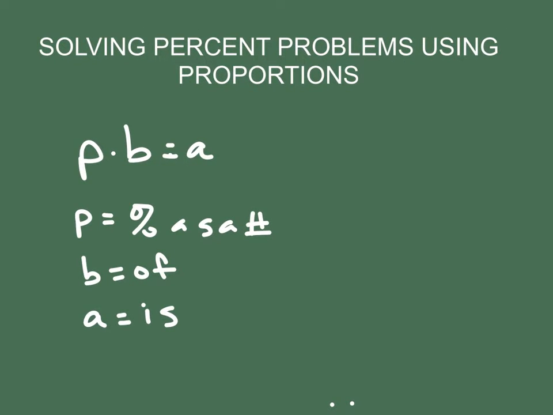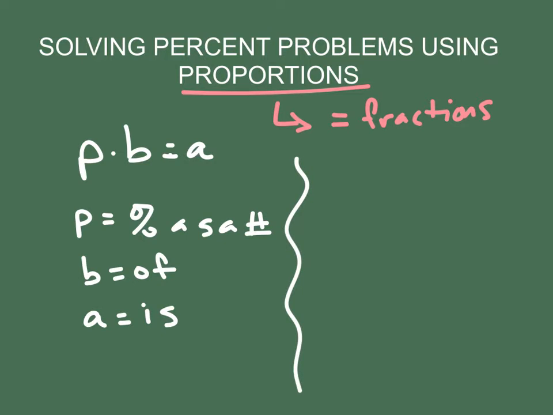What I want to do is talk about a proportion. Remember, a proportion is when you have equal fractions. We can set up a proportion for this kind of problem, using is over of.